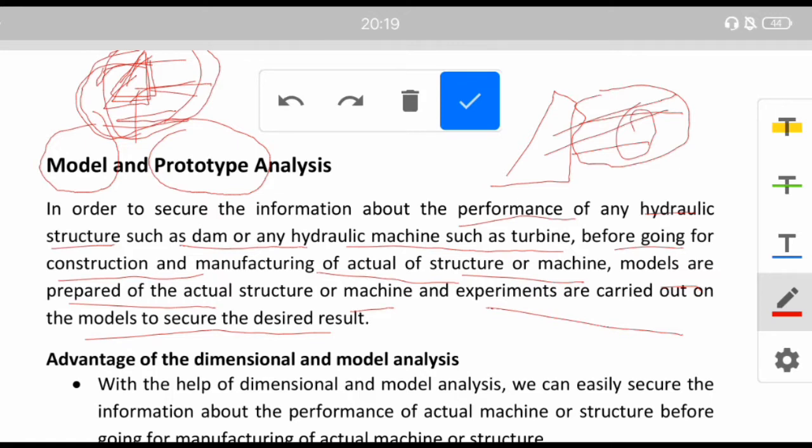So you can get an idea: the model is something like the prototype or the real thing, and we carry out the analysis on it, while the prototype is the first appearance of the actual thing which we are going to make. The prototype is actually the real thing.